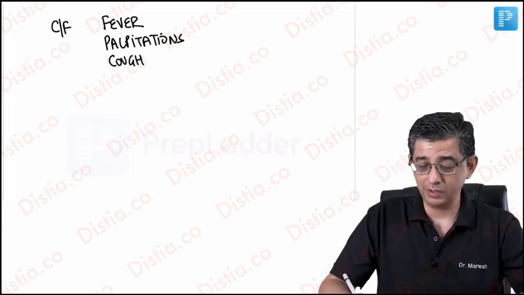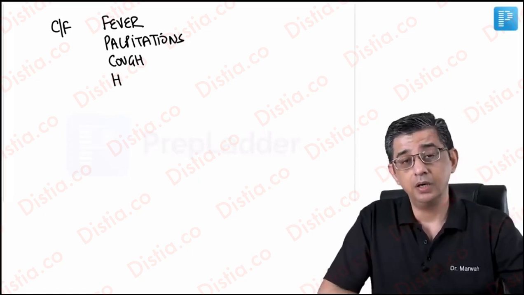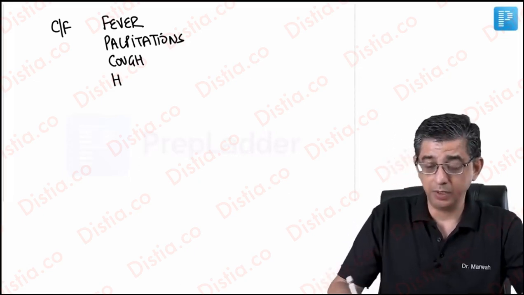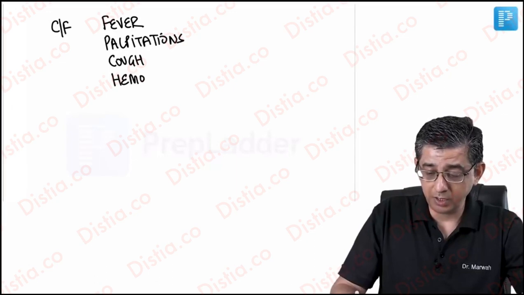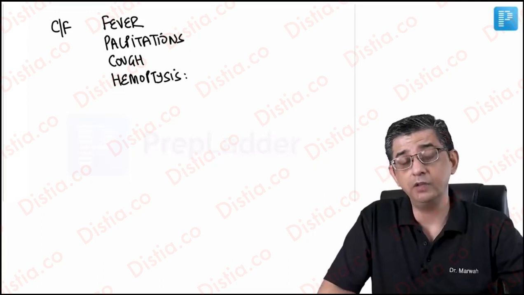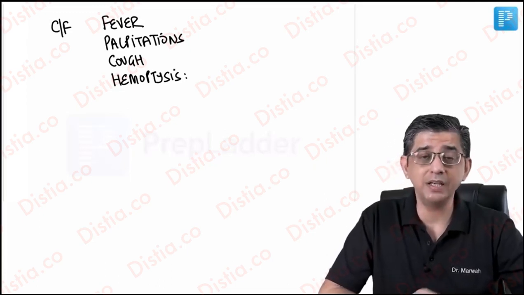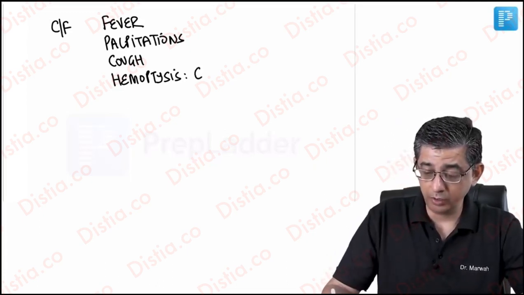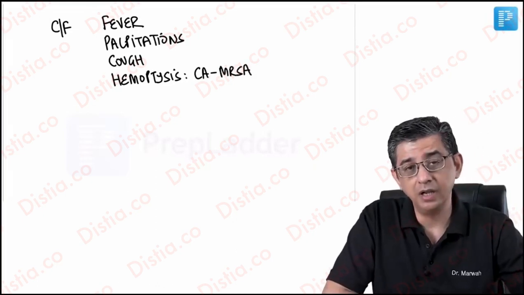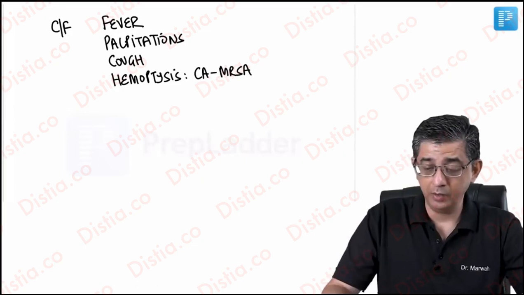The bad news is that if it is MRSA coming in, Staph aureus coming in, then the damage can be extensive, not only to the level that a person can develop a pneumothorax, but you might even read about hemoptysis in a case of pneumonia. I want you to remember the fact that if a patient is having CA-MRSA, then hemoptysis can occur.